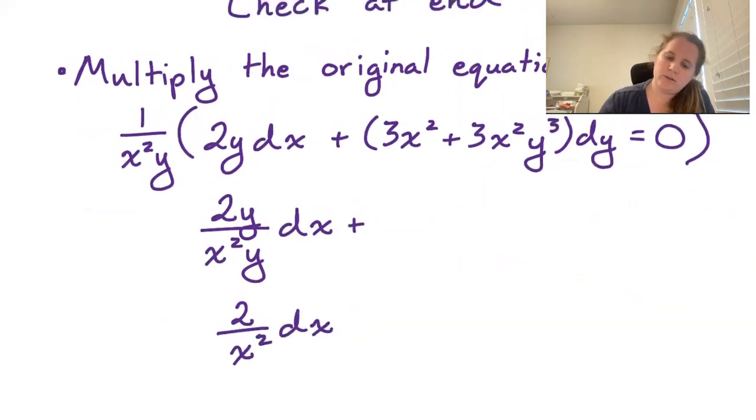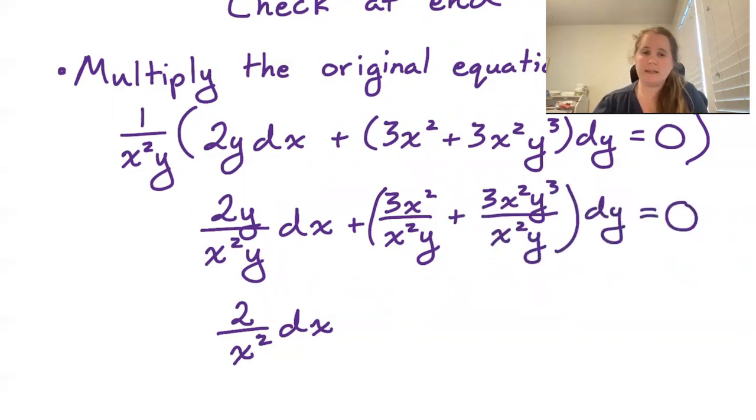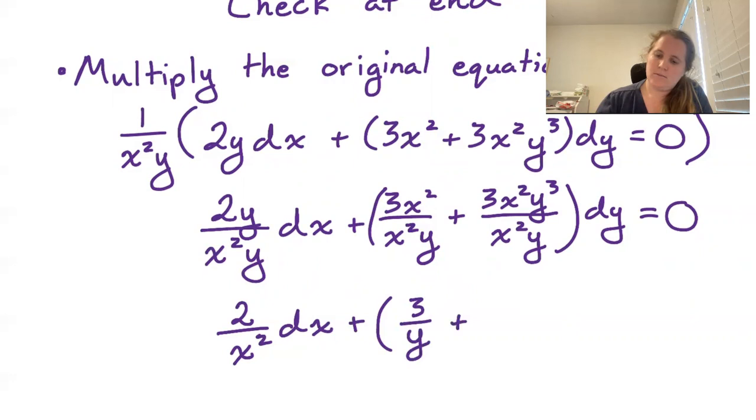The second component, we will have a 3x squared over x squared y plus a 3x squared y cubed over x squared y, dy. And then this is all equal to 0. Both of those will also simplify nicely. We will have 3 over y plus 3y squared, dy, then equaling 0.